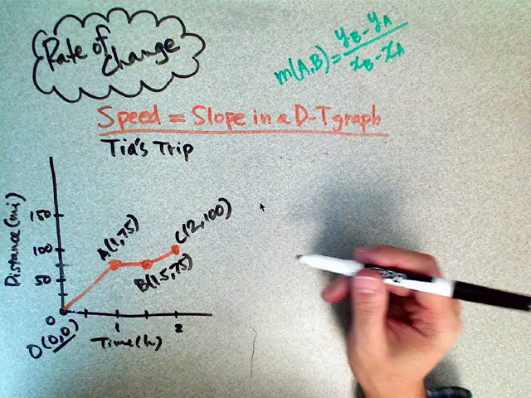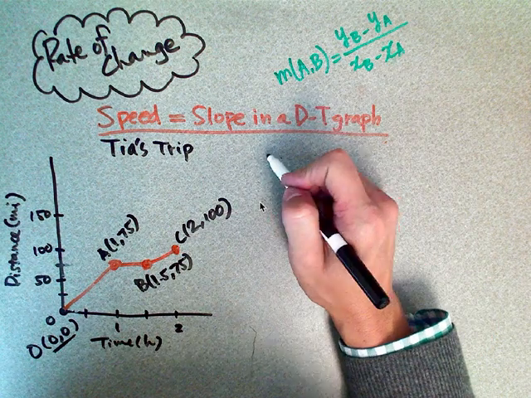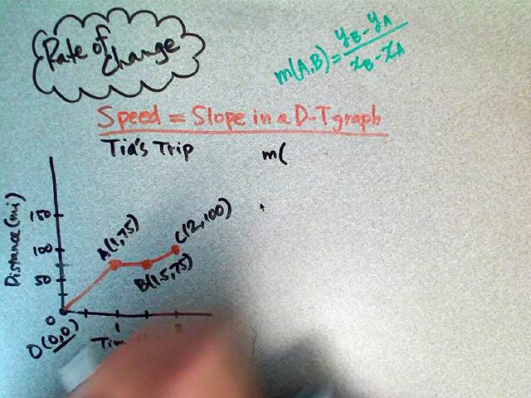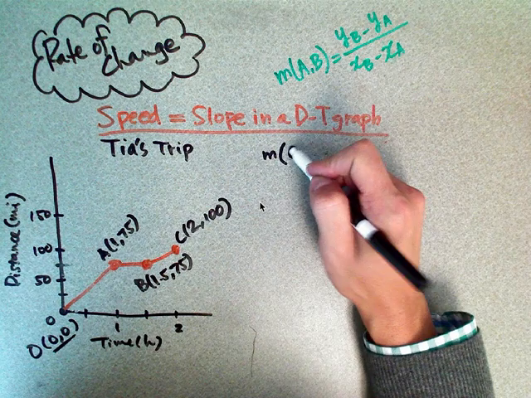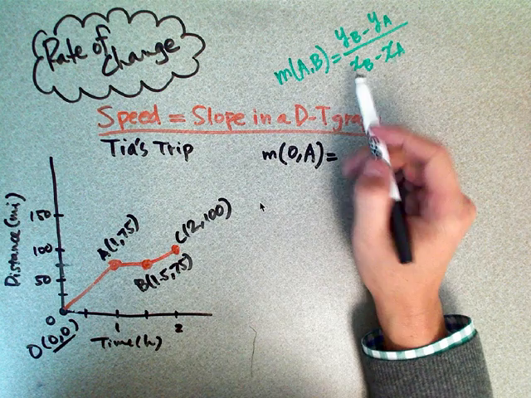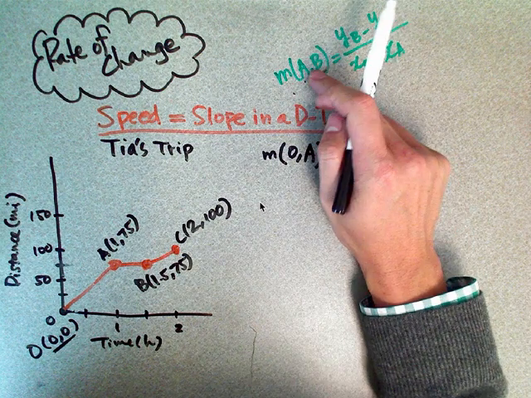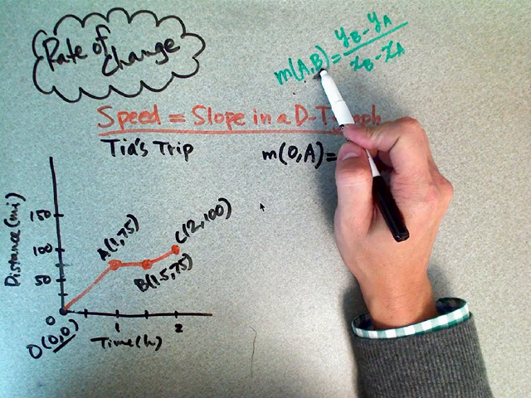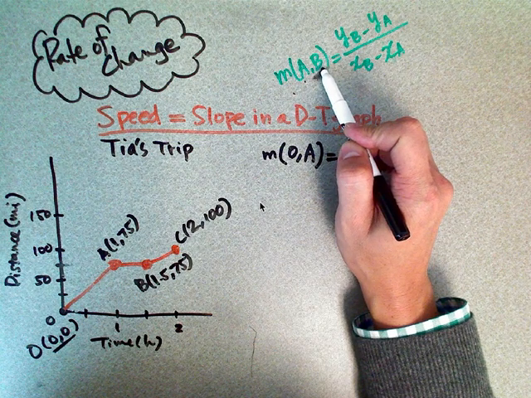So let's find out the slope between point O, which is the origin, and point A, right here.